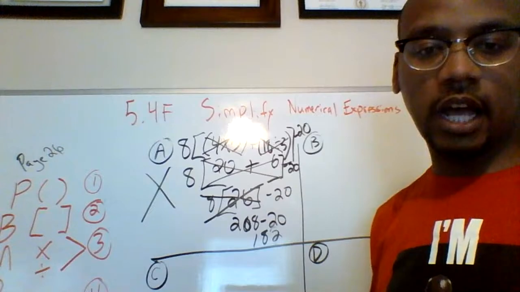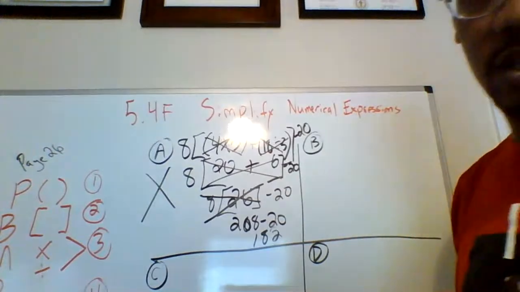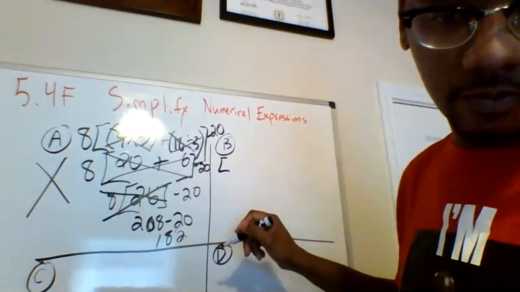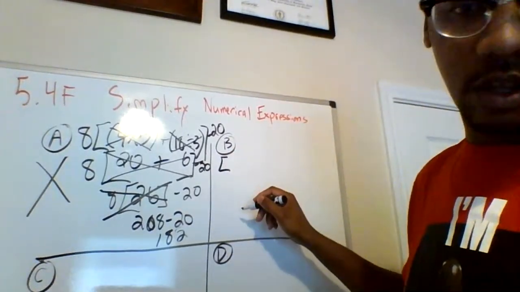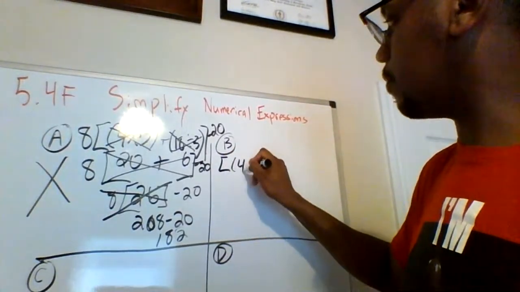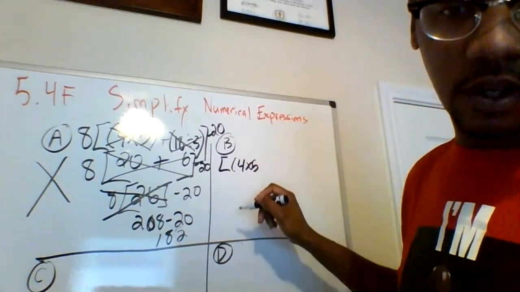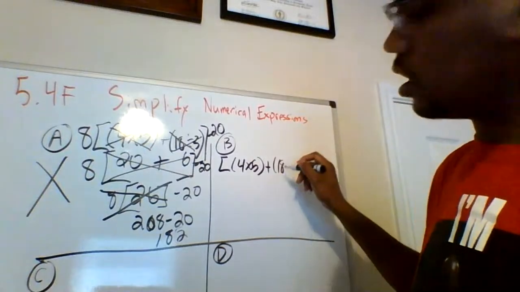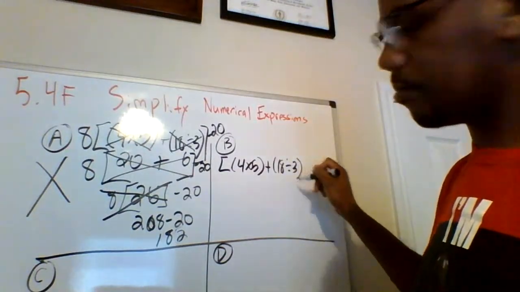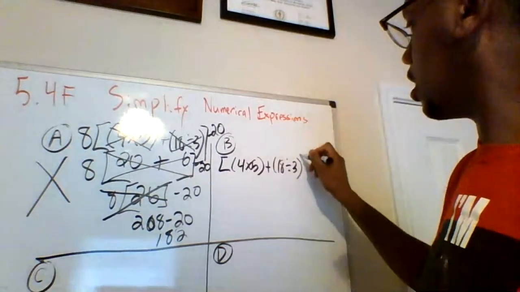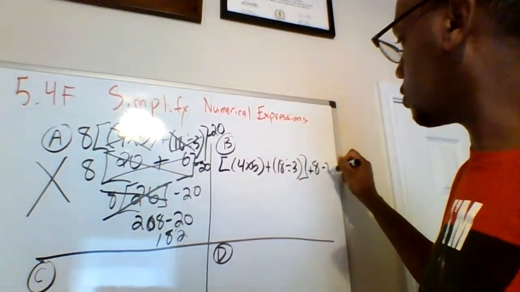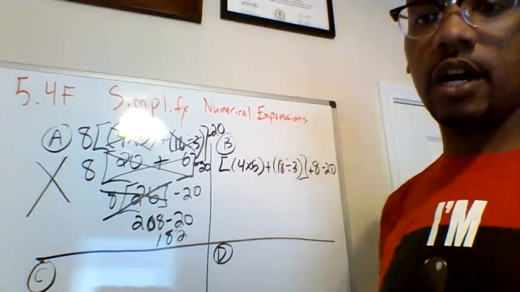All right? Now B says brackets, parentheses 4 times 5, parentheses plus brackets 18 divided by 3, parentheses, brackets, plus 8 minus 20. All right?